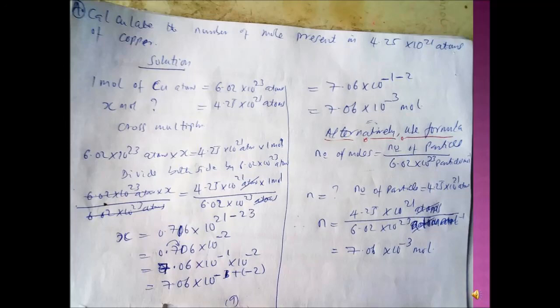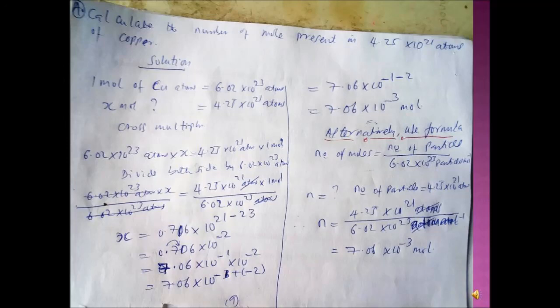Alternatively, you can also use a formula. Use this formula, which is number of moles equals number of particles divided by 6.02 times 10 to the power 23 particles. Now we have our n, which is unknown. We have our number of particles, which is 4.25 times 10 to the power 21 atoms. That is what was given.